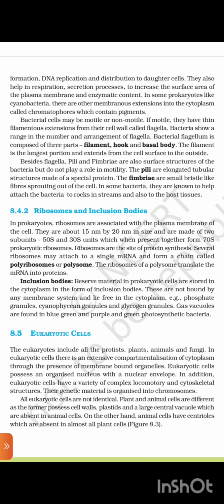The genetic material is organized into chromosomes. Eukaryotic cells are not identical. Plant and animal cells are different, as the former possess cell wall, plastids, and a large central vacuole, which are absent in animal cells. On the other hand, animal cells have centrioles, which are absent in almost all plant cells. Figure 8.3.